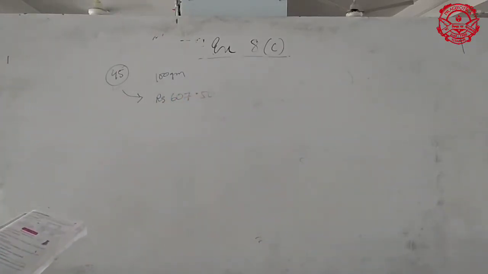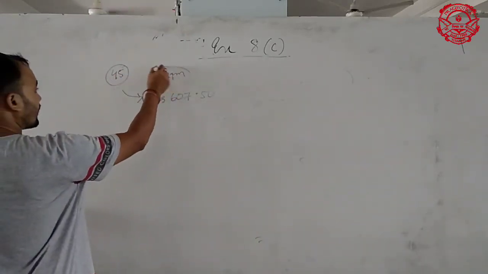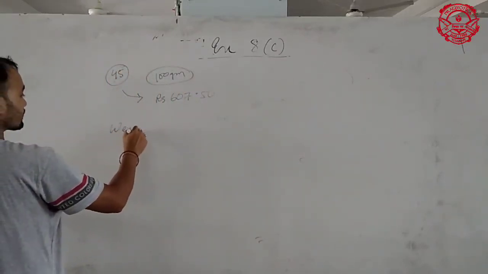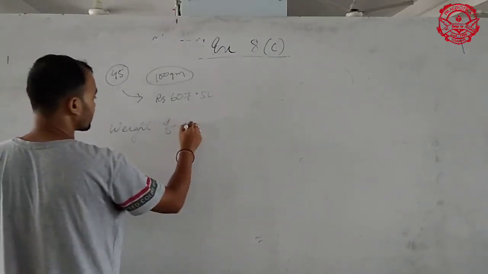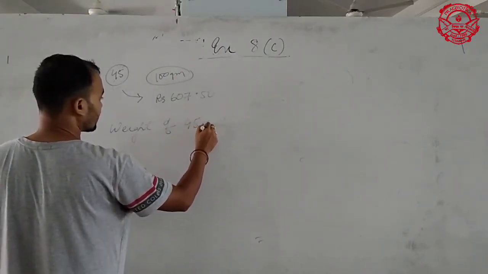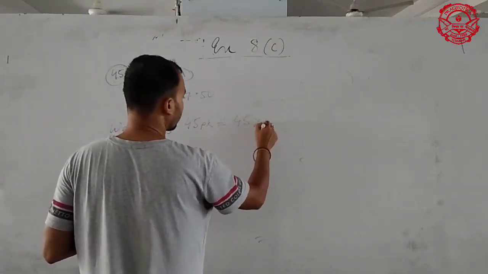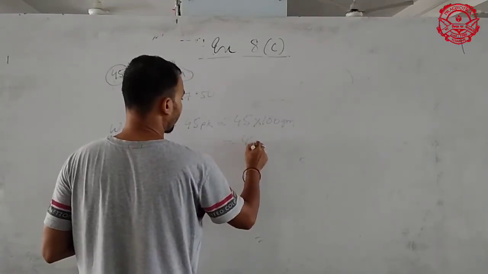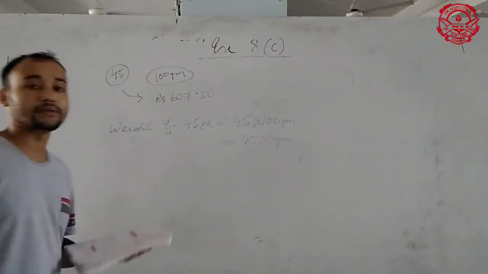Okay. Now see, if one packet will hold 100 gram, the weight of 45 packets will be 45 into 100 gram, that is 4500 gram, that is 4 kg 500 gram.